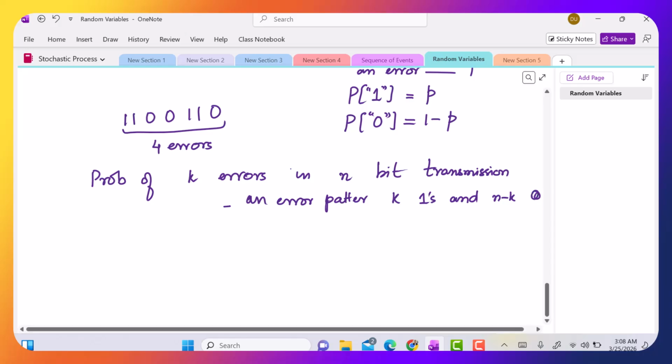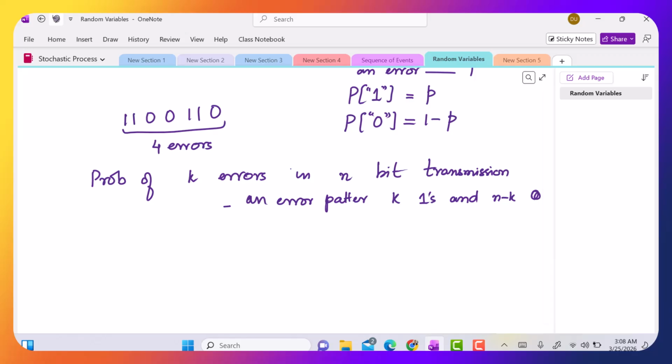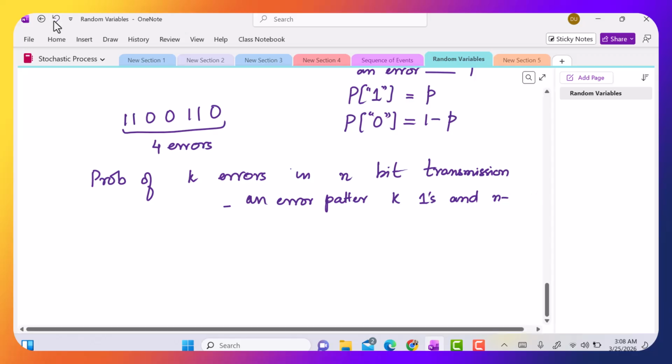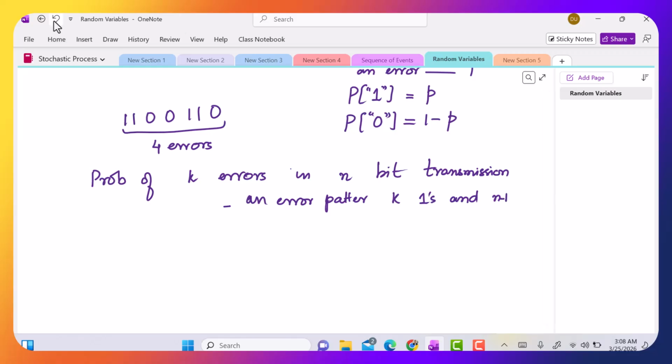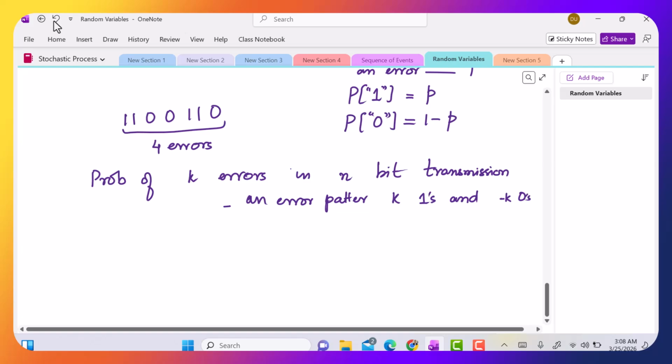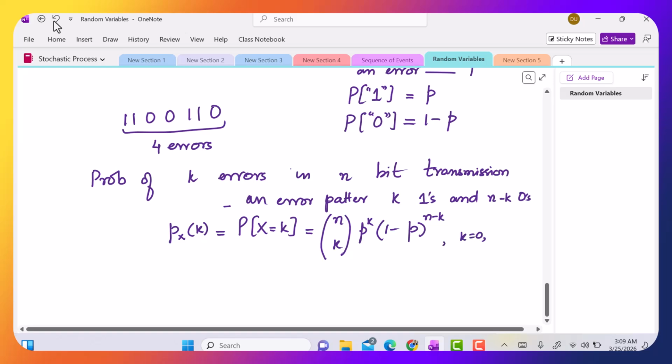So the PMF is P_X(k), which means X is equal to k, the probability that capital X equals k errors, and it is given by n choose k times p raised to power k times 1 minus p raised to power n minus k, where k goes from 0, 1 up to n.